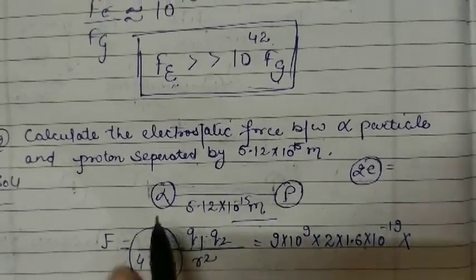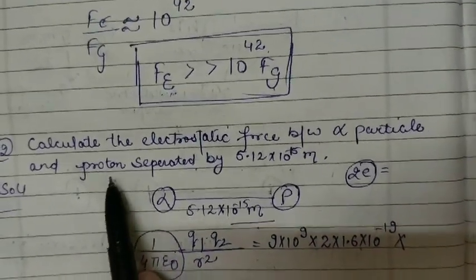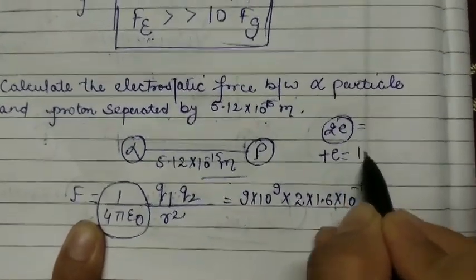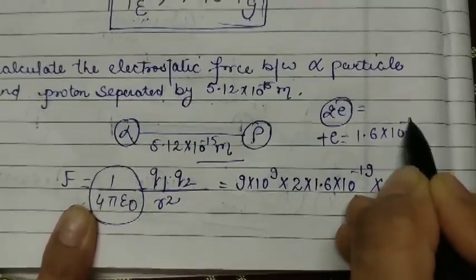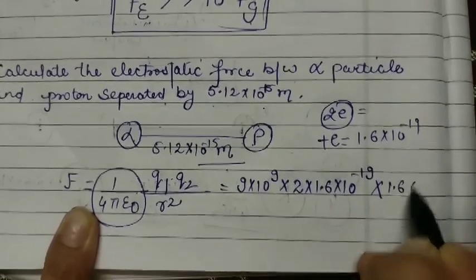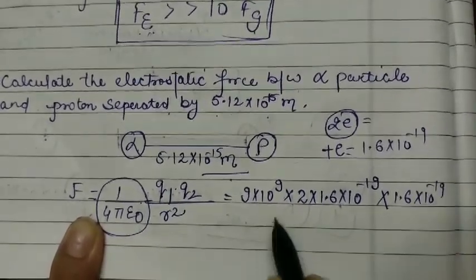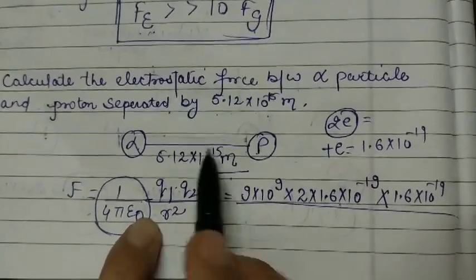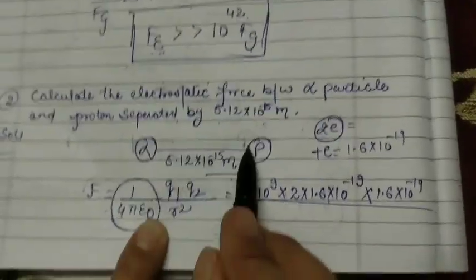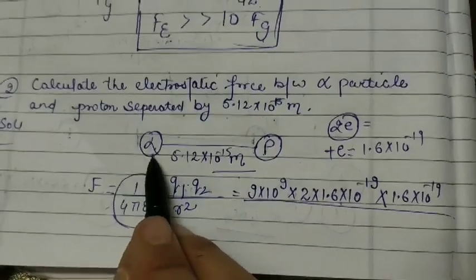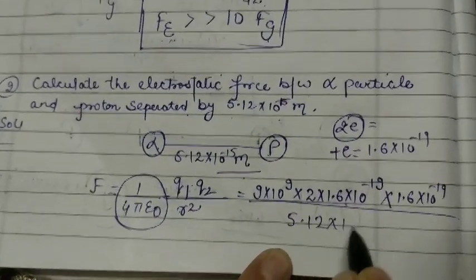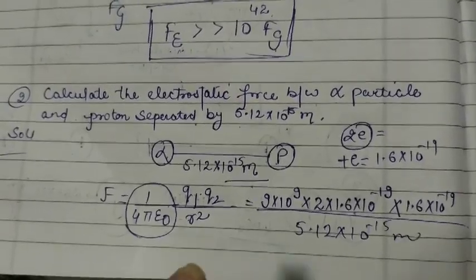And the proton has charge plus e, meaning 1.6 into 10 raised to power minus 19. Divide by R square, where R is the distance between the alpha particle and the proton, 5.12 into 10 raised to power minus 15 meter.